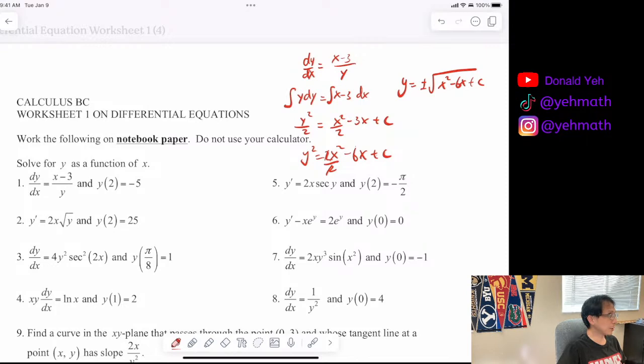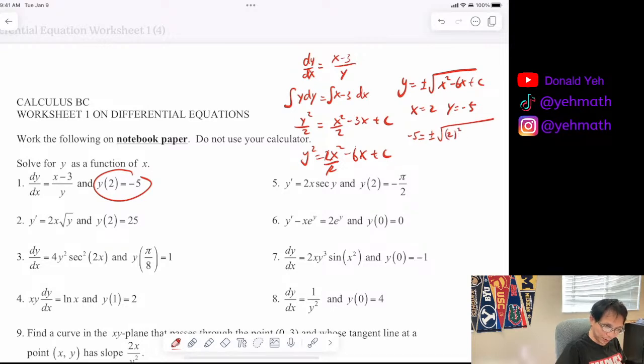So this is the original equation. Now you just have to use the initial condition, which is x equal to 2, y equal to -5. This one is kind of interesting because the initial condition decides the equation to be the negative version instead of the positive version. Usually it's the positive version.